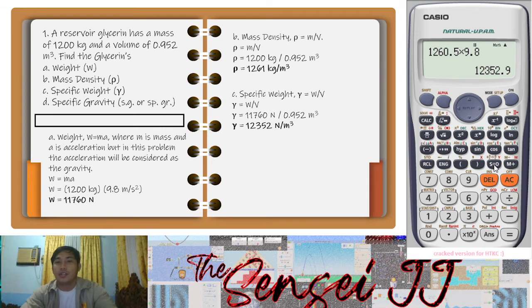As you can see, we use the original value of our mass density, which is 1,260.5, multiplied by our gravity, which resulted to 12,353.